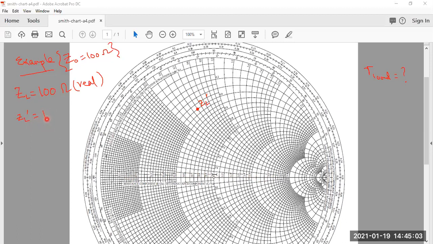And you can clearly see this is the resistive circle which is equal to 1. And because the imaginary part is 0, the location of this load will be at this point. So to be more specific, let me call this example A. So I can say that this is A.